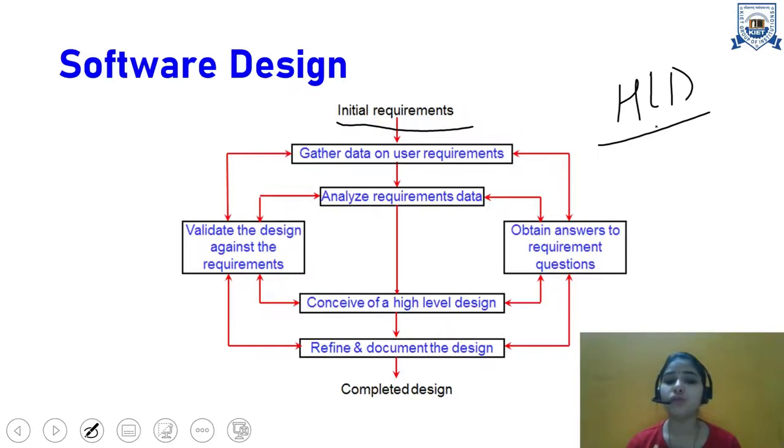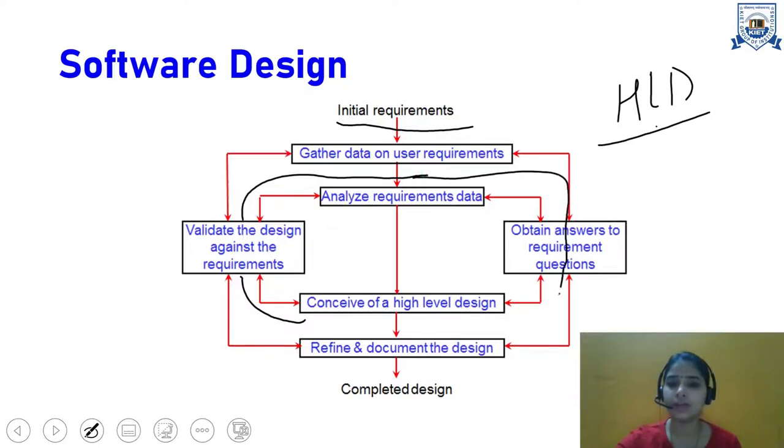Then we have to validate the design we have developed: is the design aligned to the customer requirement, and is it able to solve the problem given by the customer? You will analyze the requirement data for this validation, obtain your answer, and then refine.